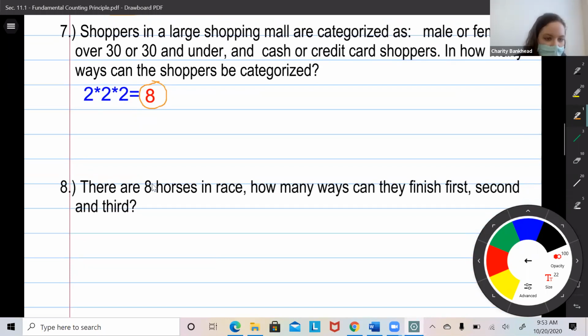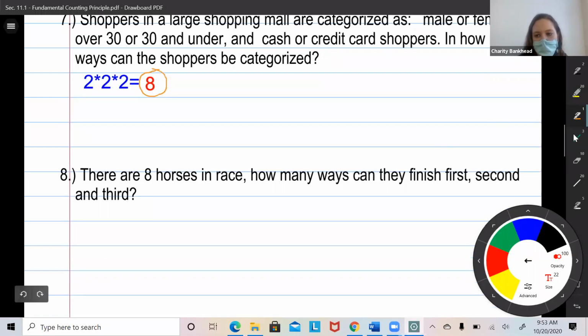All right, number 8 says there are 8 horses in a race. How many ways can they finish first, second, and third? All right, so we're talking about the top 3 finishers. So there's a total of 8 horses in the race. So the number of options for which one comes in first is going to be 8 possibilities for which horse comes in first.